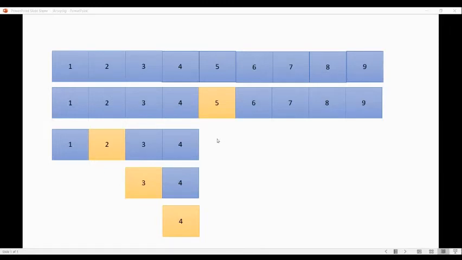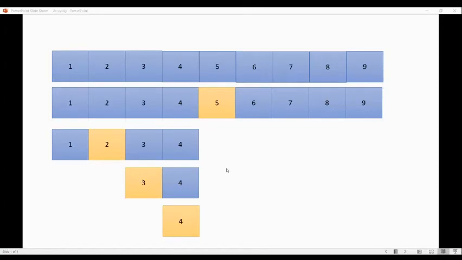So, we have further divided the array into 2, and either 2 or 3 can be considered as the middle element. Here, I have gone with 2. Now, again, we have further subdivided the already divided array. Now only 2 elements are left, and again, we have taken the middle element as 3.